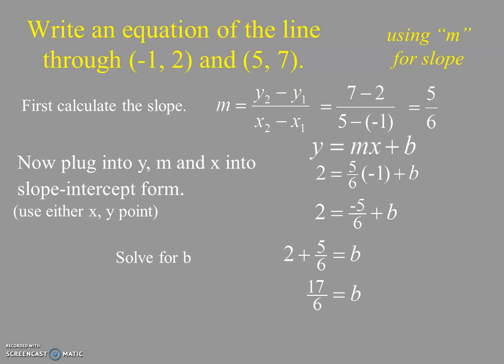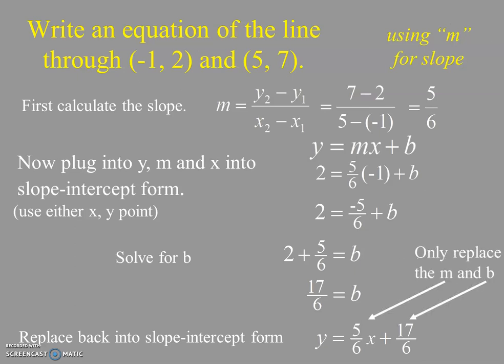And again, your answer is not b. Your answer is the equation y equals, in this case, ax plus b, which is 5/6 x plus 17 over 6. This is a skill. You're going to have to practice this a few times to get the hang of it. But this is what we're aiming at for the next couple of classes. And again, you only replace the m and the b when you do this equation, right? Don't replace the x and the y.